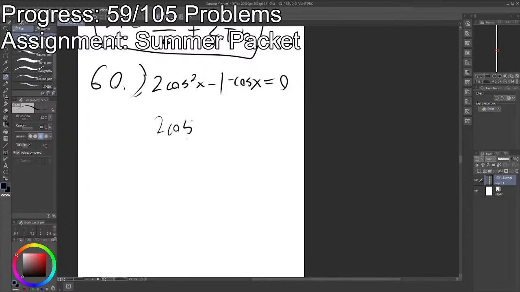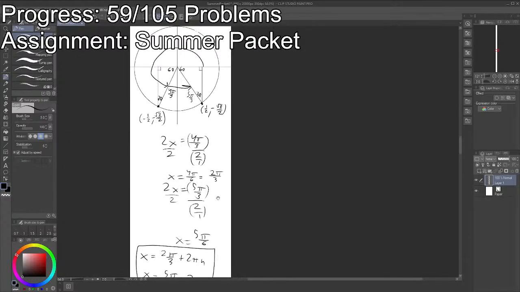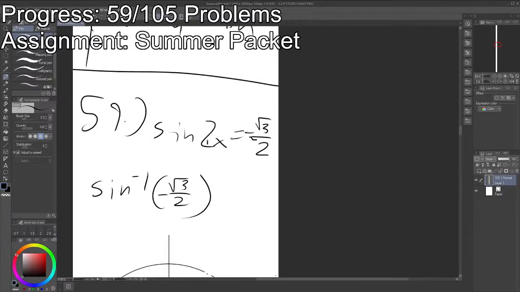So I'm guessing 1 is going to be on the right side, like that, and it's going to be like cos something. What's the double angle formula thing? Or no, this isn't double angle. Double angle would be this.